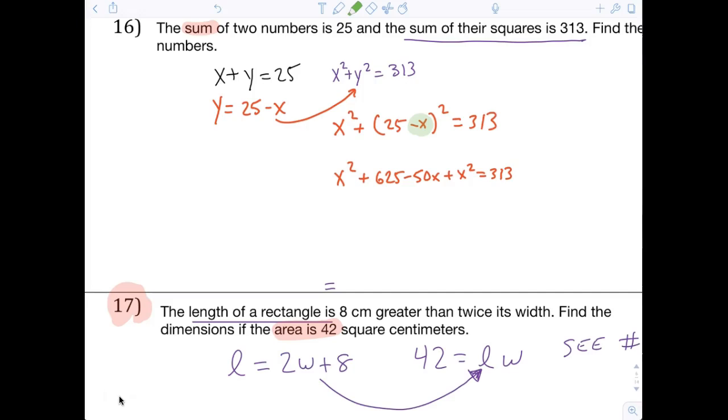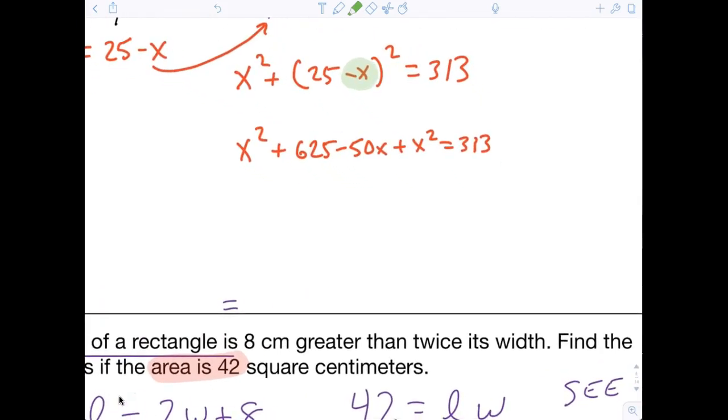Good for you. 25 times 25 is, guess what? What did Caroline ask me? You have the same question. That's why I highlighted the negative x, and I told her it's negative x squared.